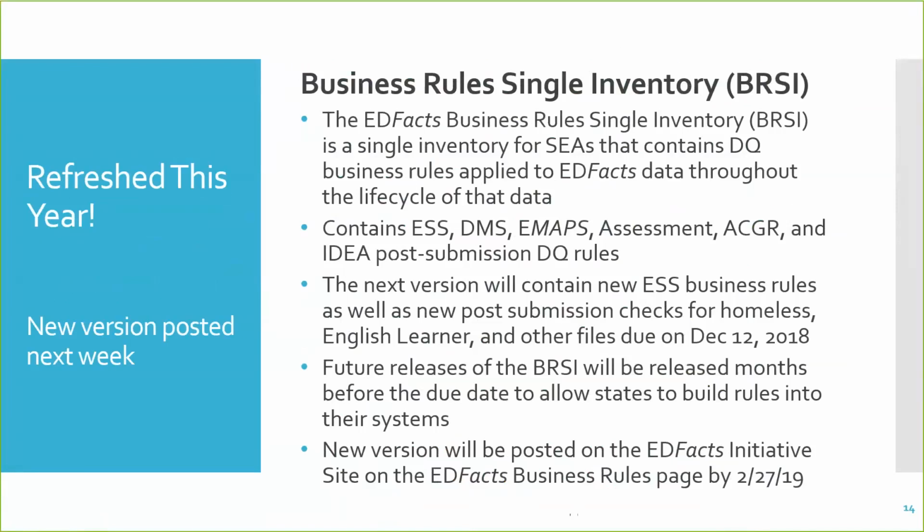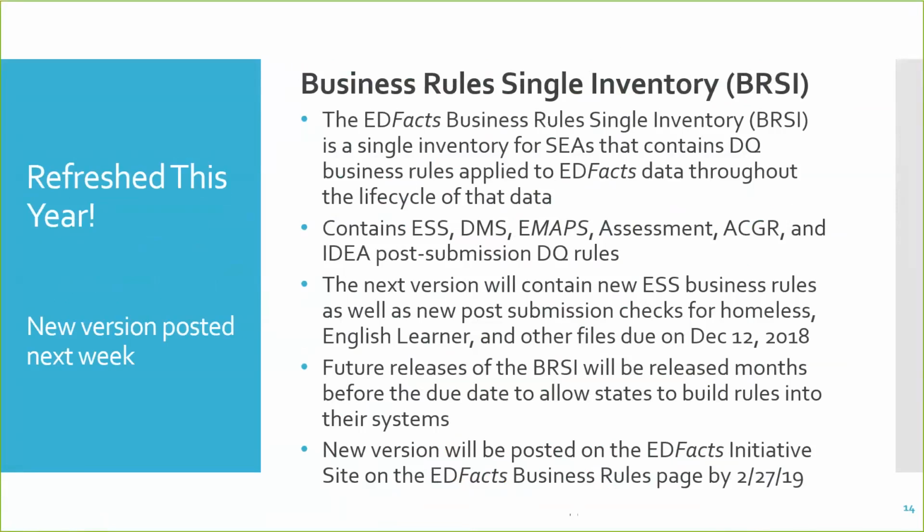In this new version that we'll be releasing, it will also include those rules that were formerly CSPR, so the homeless, the English learner, and the other ESEA files collected on December 12th. Any rules associated with those will also be included in the business rules single inventory. That will be posted by next Wednesday, when we deliver the data quality reports to states.